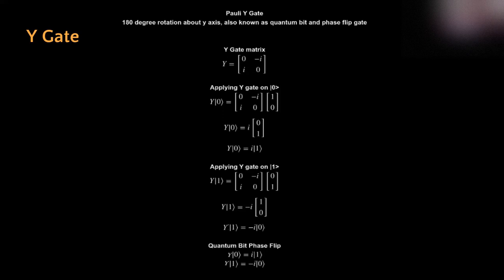So basically, Y gate is a combination of both X and Z gate. Therefore, X gate was quantum bit flip and Z gate was quantum phase flip, and Y is a mix of both, quantum bit phase flip.